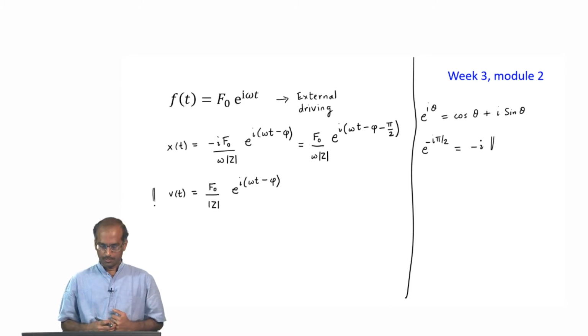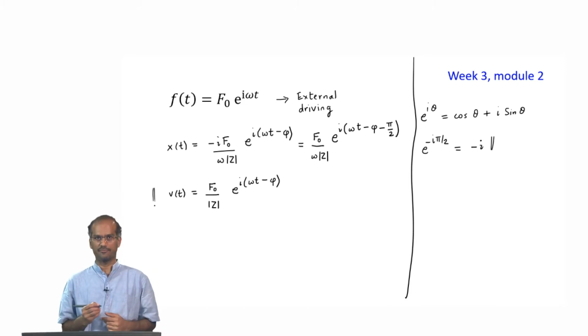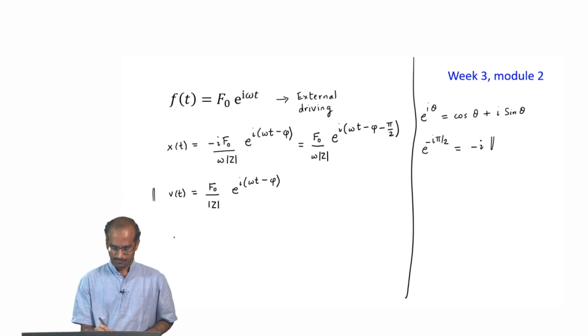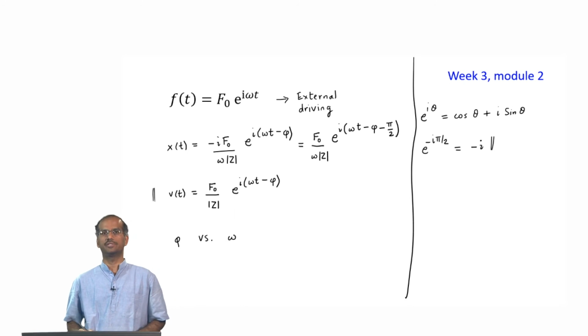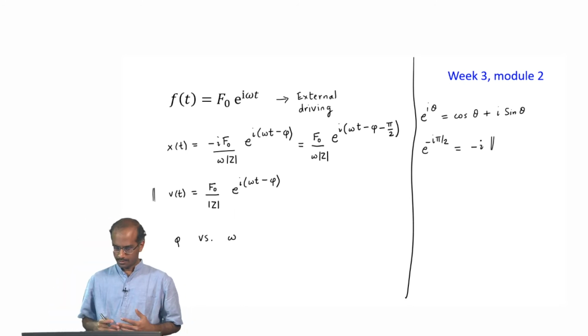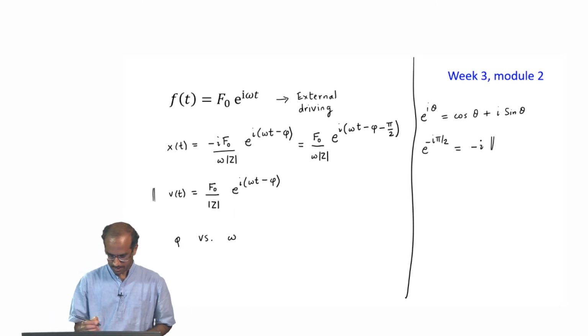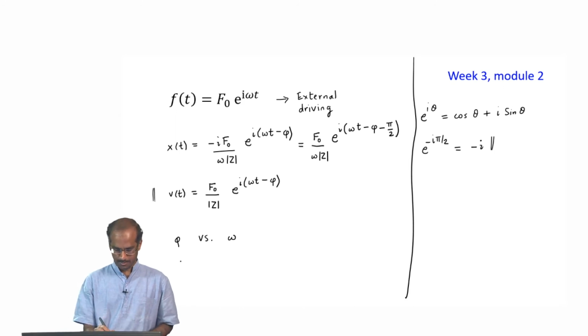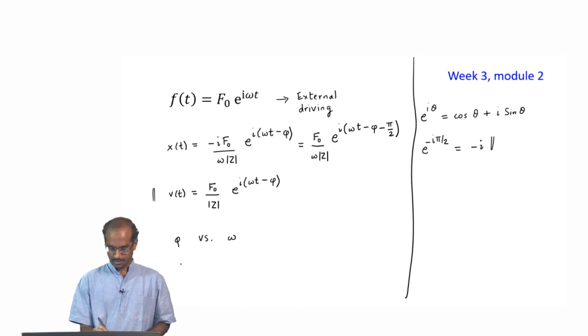We would like to look at the phase factor phi as a function of driving frequency omega. To do that, and also to remind you, let me write the expression for z.